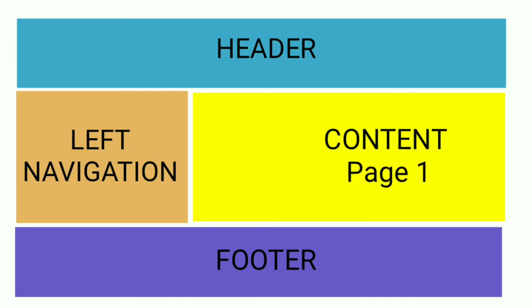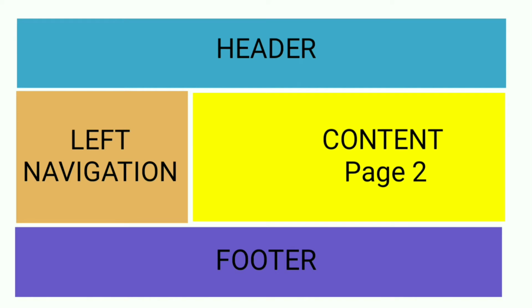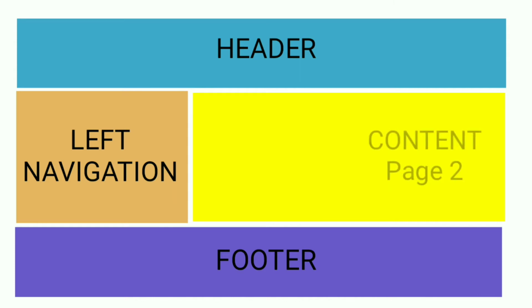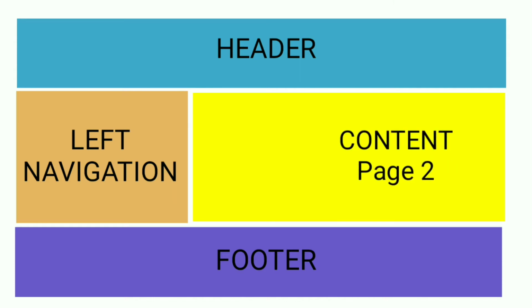The layout view allows you to define a common code which can be inherited in multiple views to provide a consistent look and feel in multiple pages of the application. The layout will eliminate duplicate code and enhance development speed, and it is also very easy to maintain this type of applications.